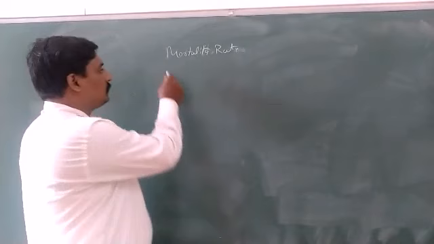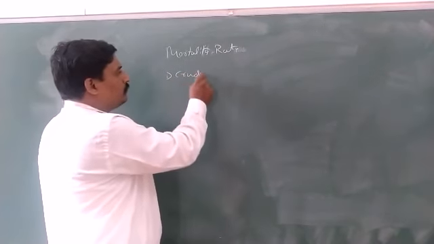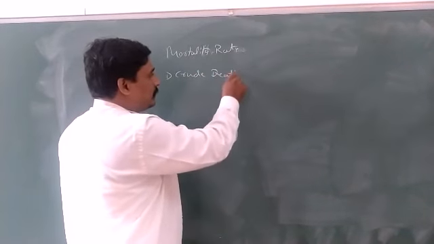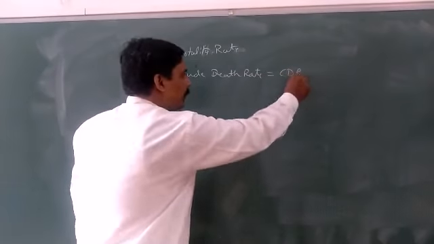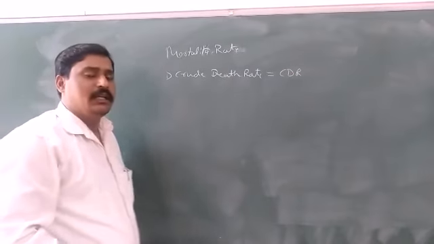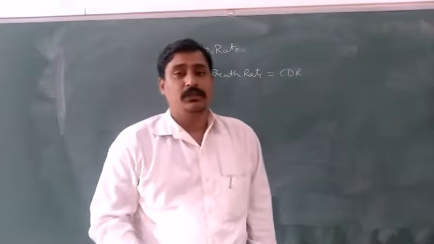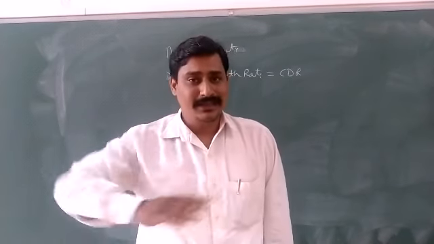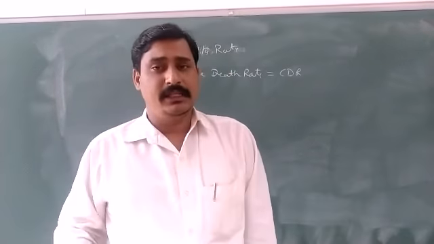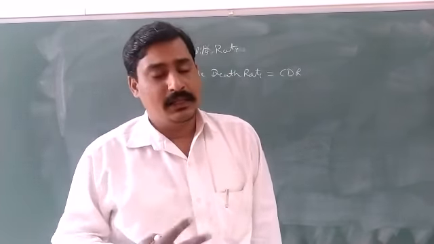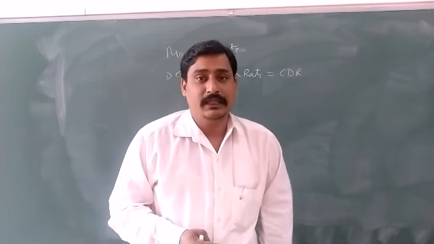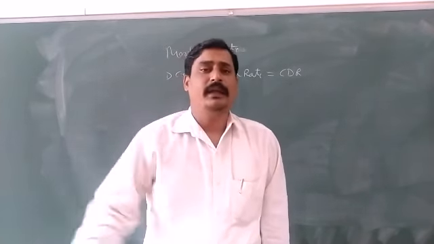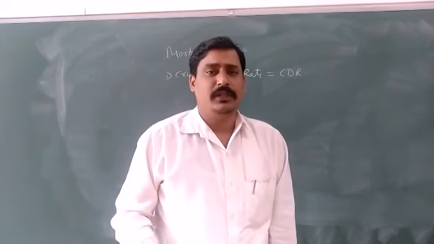The first one is crude death rate, called CDR. It is just like CBR, crude birth rate, where we study the births irrespective of gender, age, etc. In the same way, crude death rate studies the death rate of the entire population in any location.